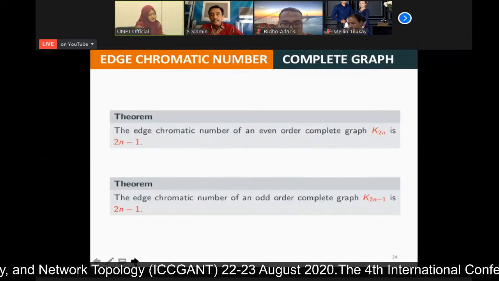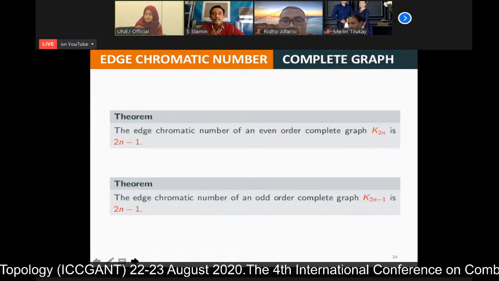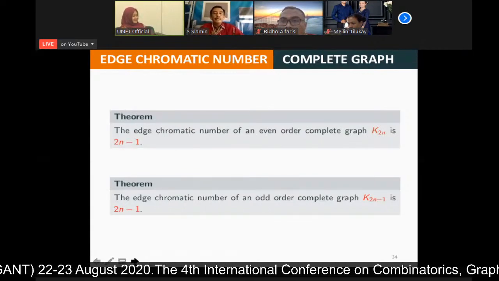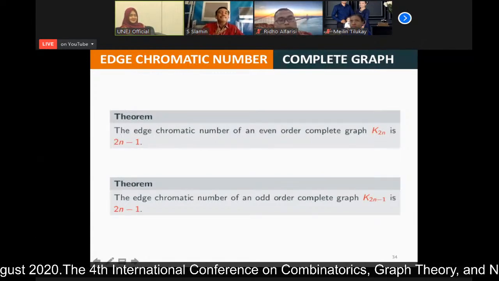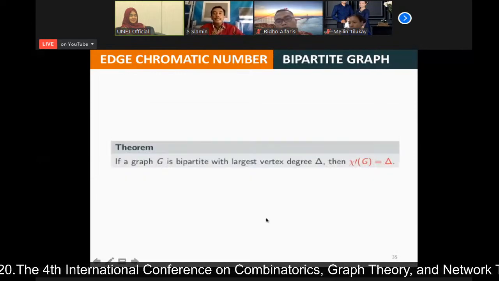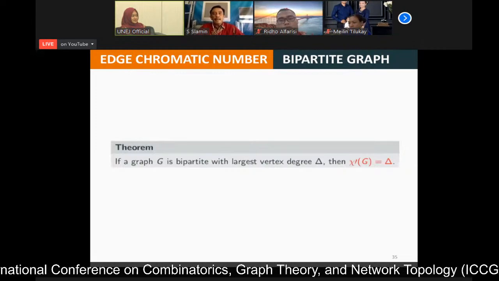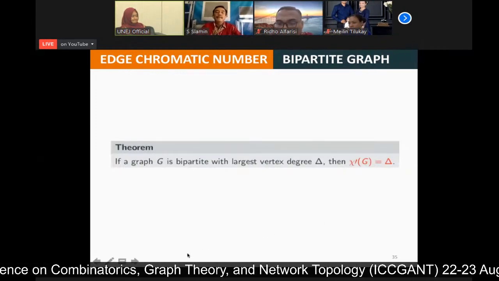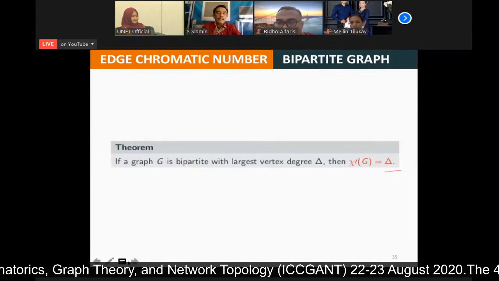If it is odd, then the edge chromatic number of K_2n-1 is 2n minus 1, which is actually the degree plus 1. Okay, this is the bipartite graph. For a bipartite graph with the largest vertex degree big delta, the edge chromatic number is equal to big delta.